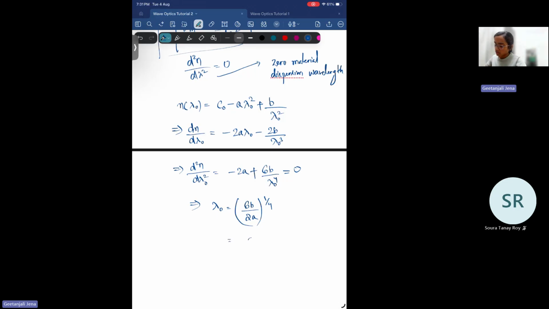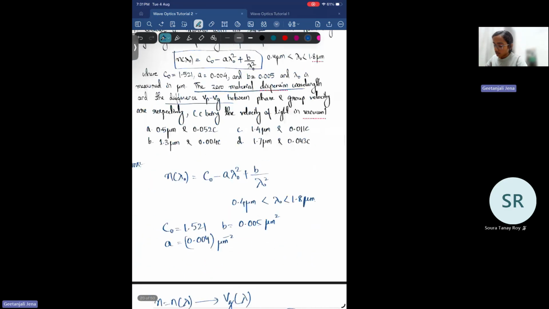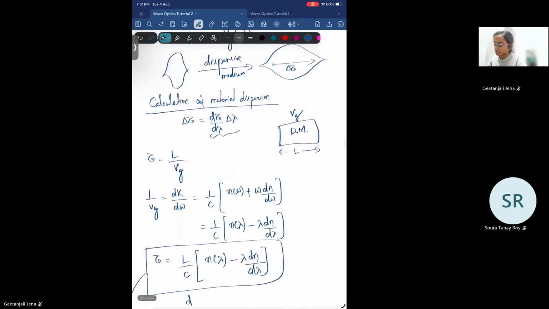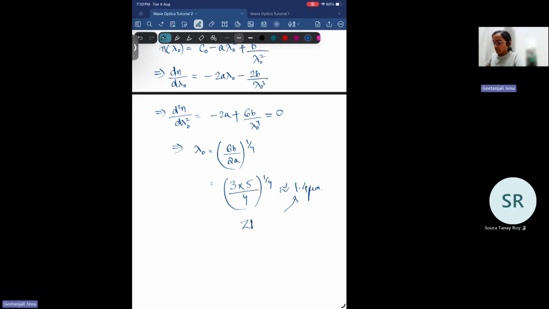B is 0.005, A is 0.004. So this is (5 by 4) to the power 1 by 4, and this will come out 1.4 micrometer. Okay, so this is the zero dispersion wavelength.